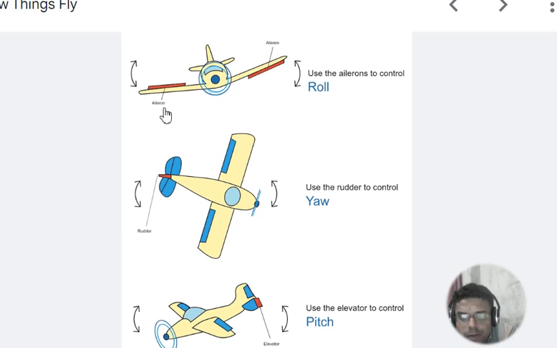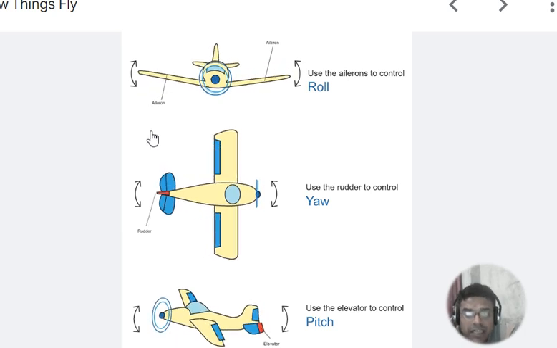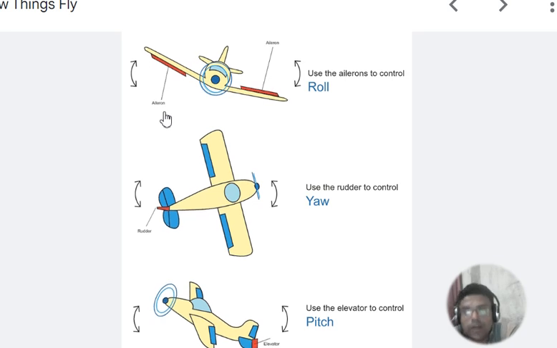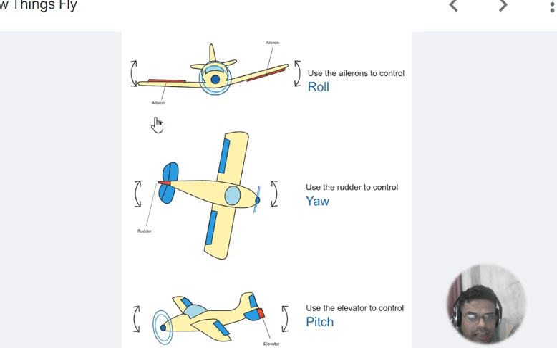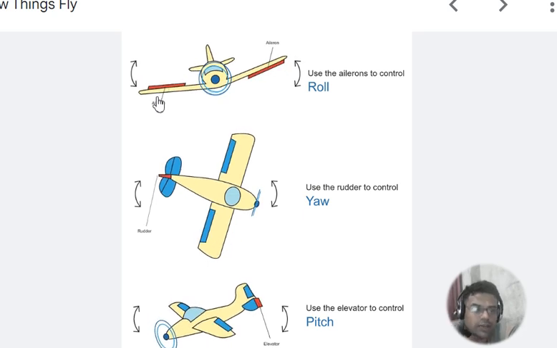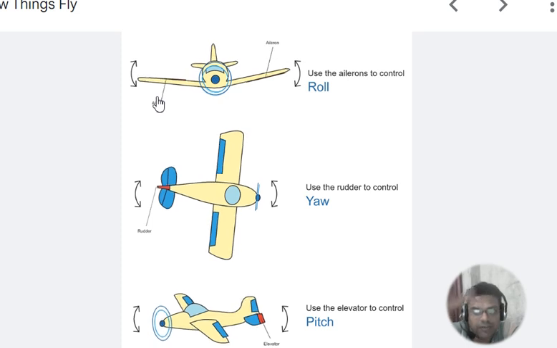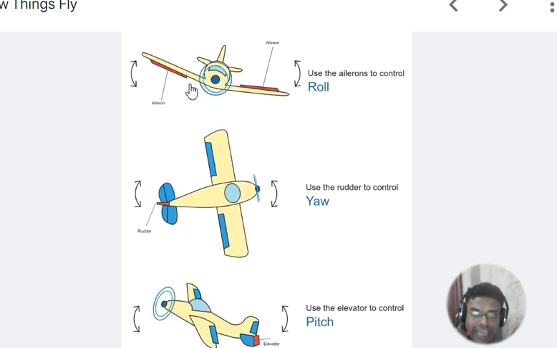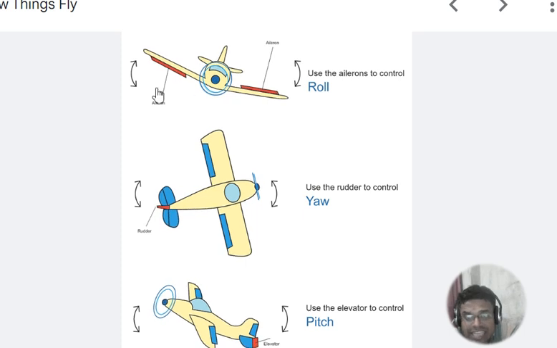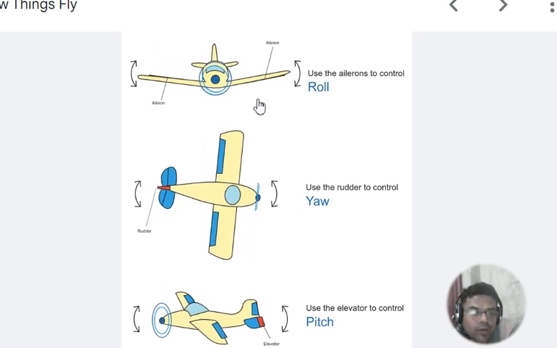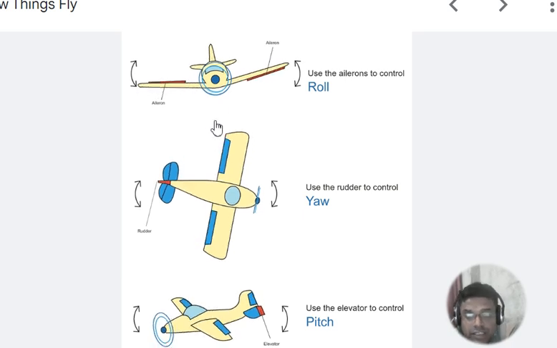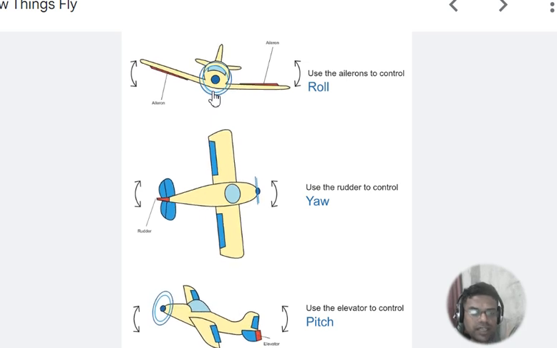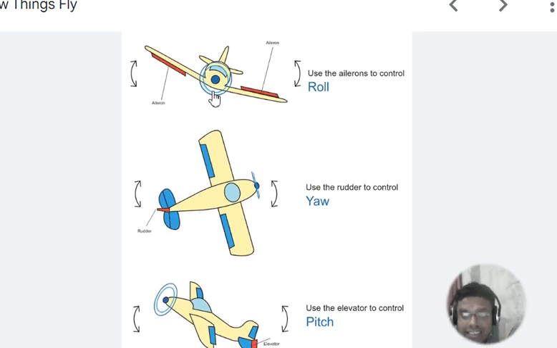For rolling of an aeroplane, the control surface is known as an aileron. At the rear end of a wing, in the corner, there is a small portion which can be deflected up and down. The opposite deflection of these ailerons makes an aeroplane roll about the axis passing through the fuselage, which we call the x-axis.